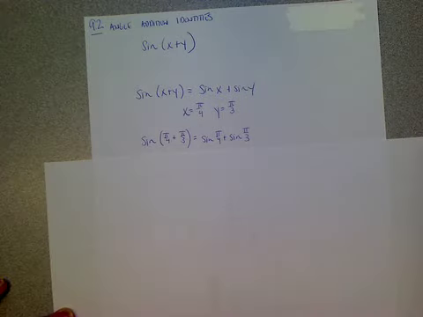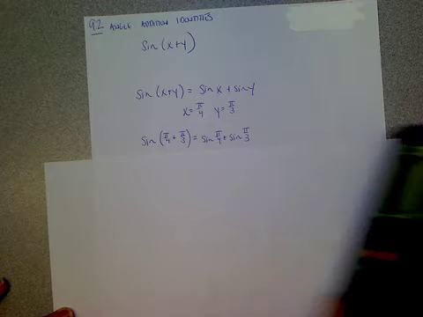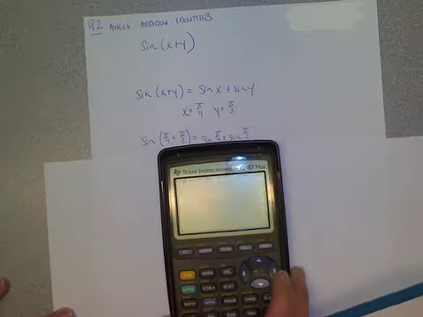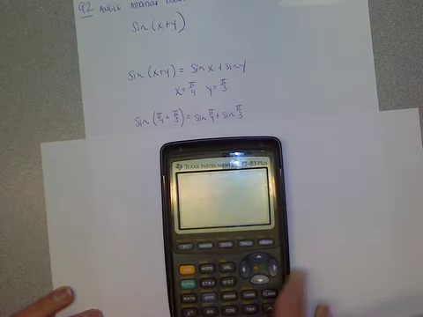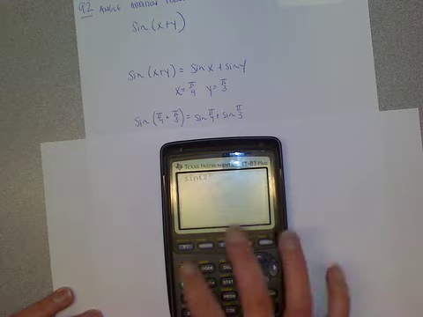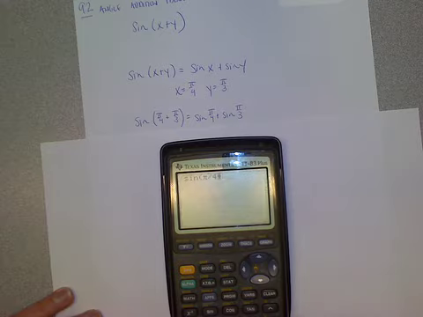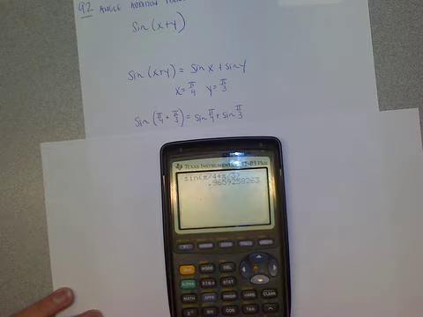On our handy-dandy calculators, I'm going to take a look at what's happening. If I plug that in on my calculator, and I take the sine of pi divided by 4 plus pi divided by 3, I get the value 0.9659.